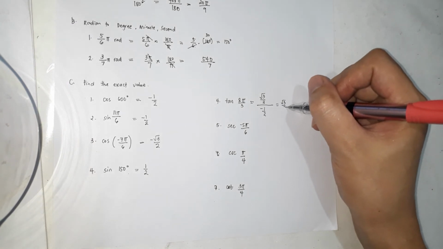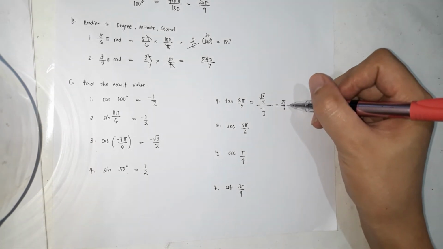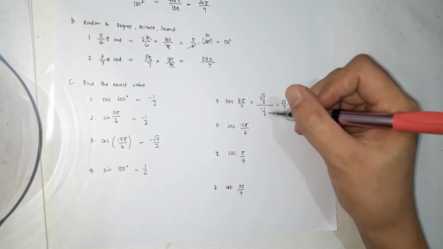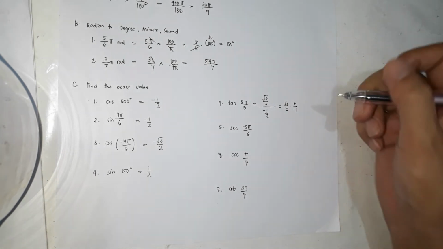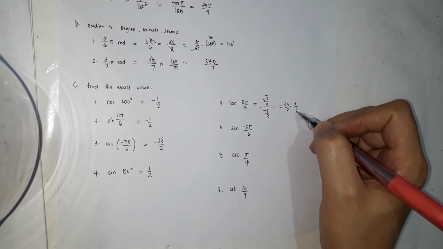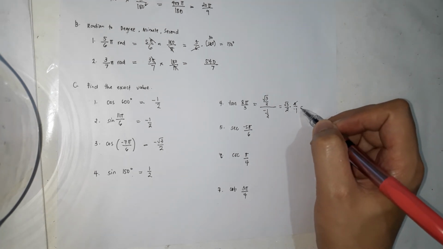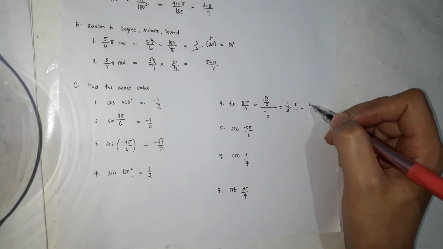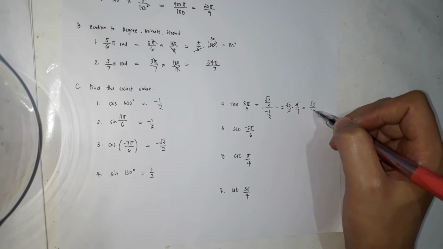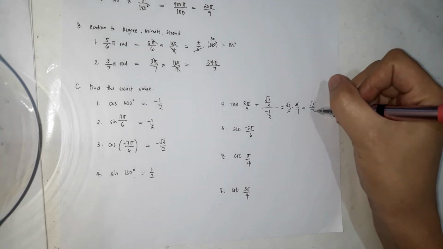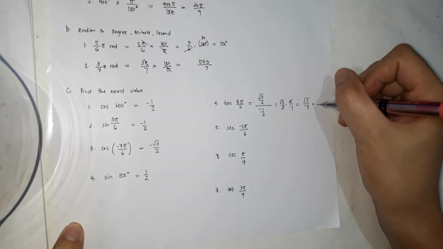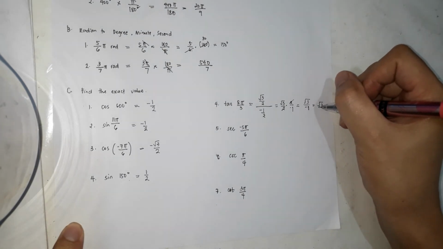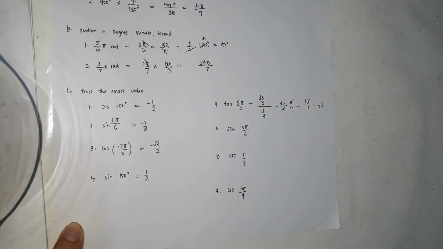Square root of 3 over 2, change division to multiplication, reciprocal, 2 over negative 1. So, kapag ganito, you could cancel them. So, ang answer is negative 3 over negative 1, which is also equal to negative square root of 3. So that's the answer, negative square root of 3.